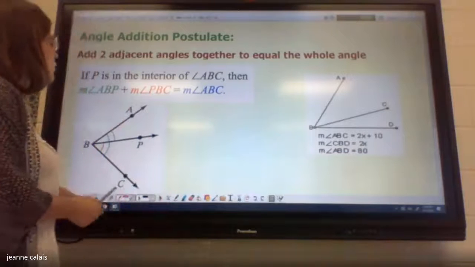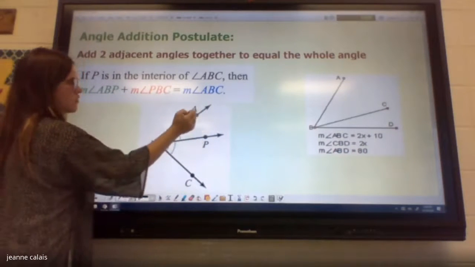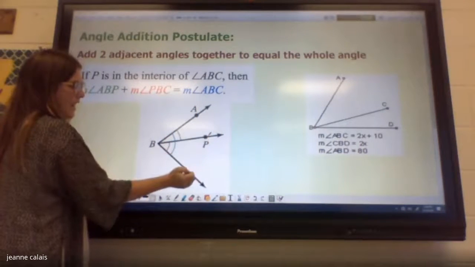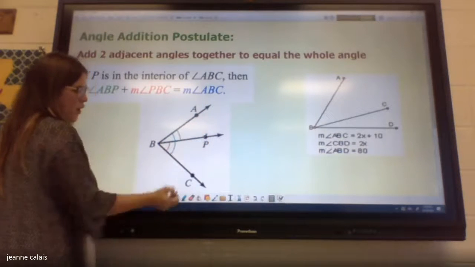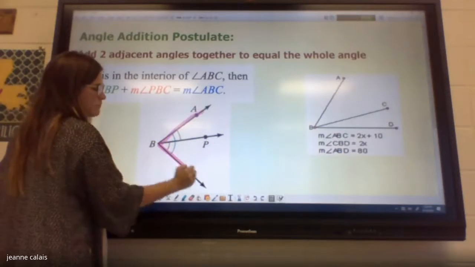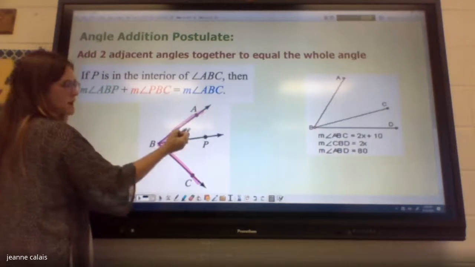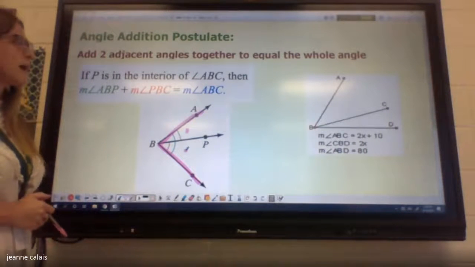All right, so we have two angles here, angle ABP and angle CBP. They form the larger angle ABC. So that's what this is describing here. That's angle addition postulate. I'm adding these two angles together to create a larger angle.